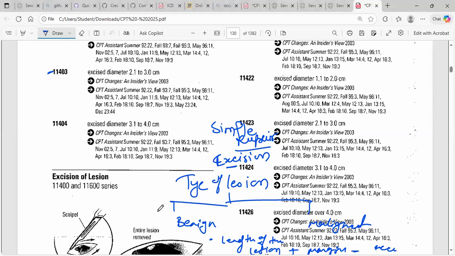Oh, you guys are unable to unmute yourself. Just give me a second. Let me see how to change the settings. Just a second.